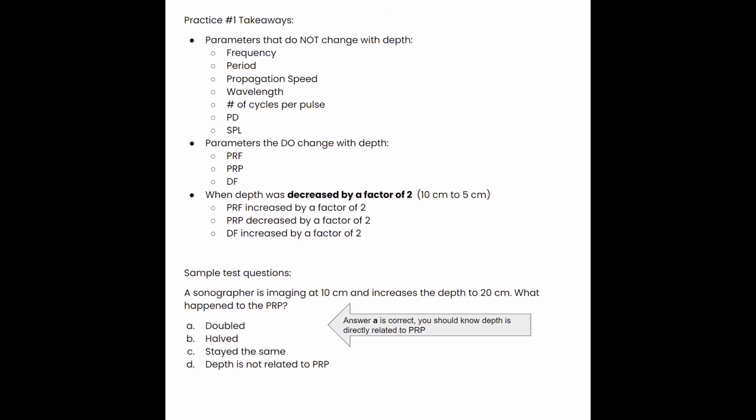And in this case, the correct answer is doubled. The depth doubled, increased 10 centimeters to 20 centimeters, so it increased by a factor of 2. And because depth and PRP are directly related and proportional to one another, we'll see that the PRP also doubles in that case. So the correct answer is A.